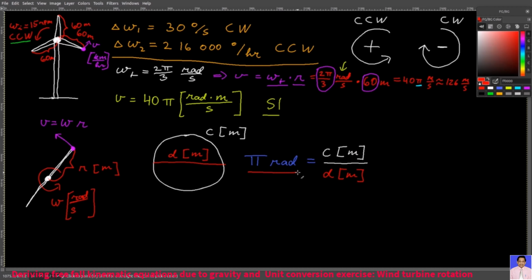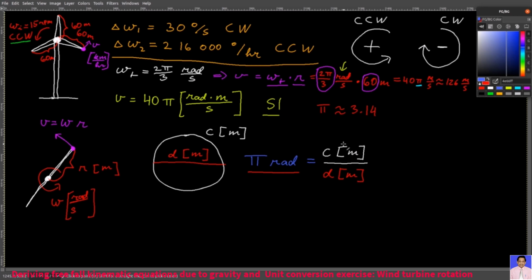So this pi radians is just the universal ratio of a circle's circumference and its diameter. And this ratio happens to be the same for all perfect circles. The value of this ratio is pi radians, or approximately 3.14.